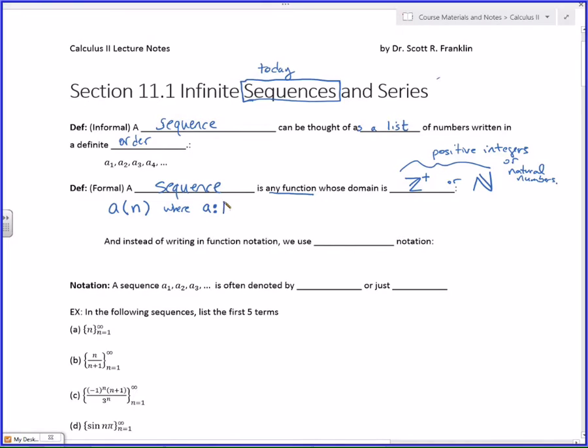If you haven't had proofs, we may not see it as much in here yet, but you will in some later math courses. All I'm saying is a is a function that maps, meaning takes as input n, and turns them into real numbers.